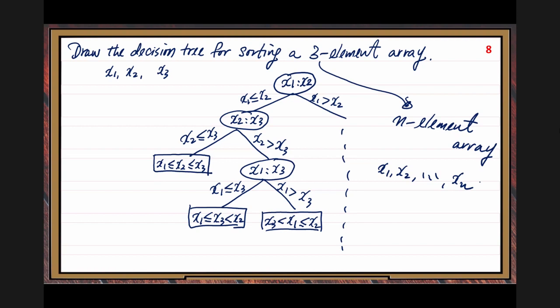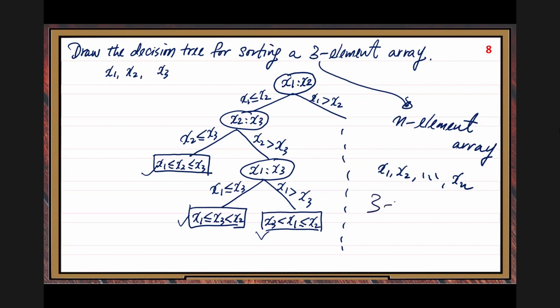Second step, sorting result. We want to study the number of different sorting possibilities. Look at here. The boxes I draw, 3 on the left-hand side, another 3 on the right-hand side.